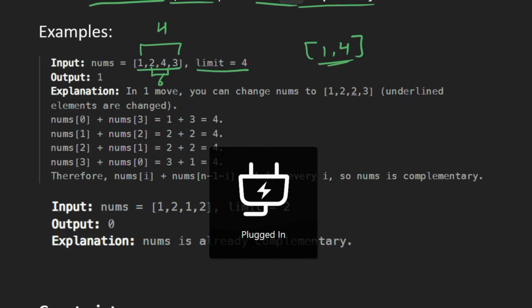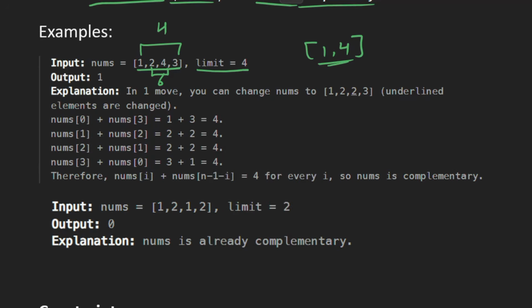So suppose we replace this number 1 with 3, then 3 plus 3, our sum will be 6, and this sum is also 6. So how many moves have we used to make our array complementary? We just have replaced one number, so the number of moves is 1, so that is our answer.